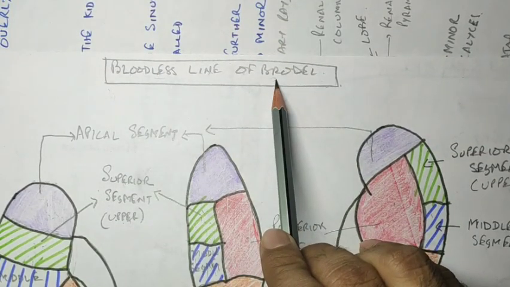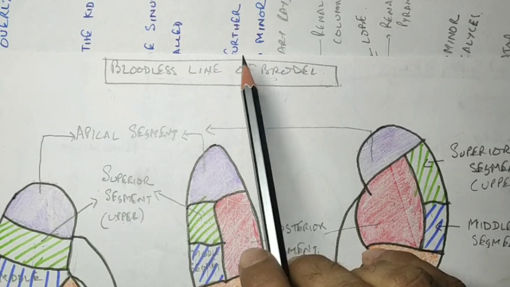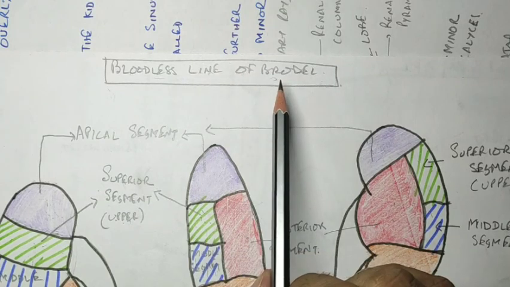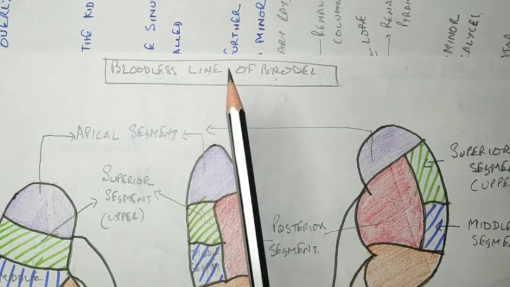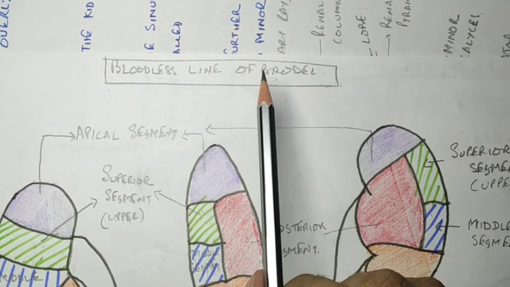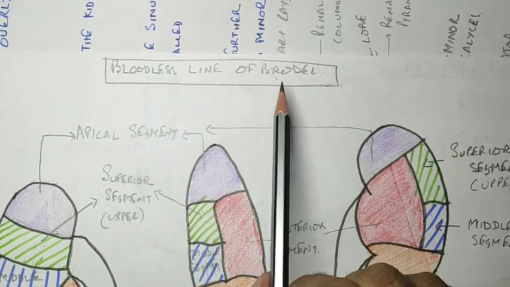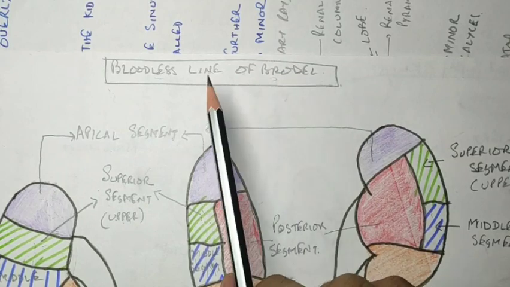So basically, this is the line or the area that is present between the areas supplied by the anterior and the posterior divisions of the renal artery.